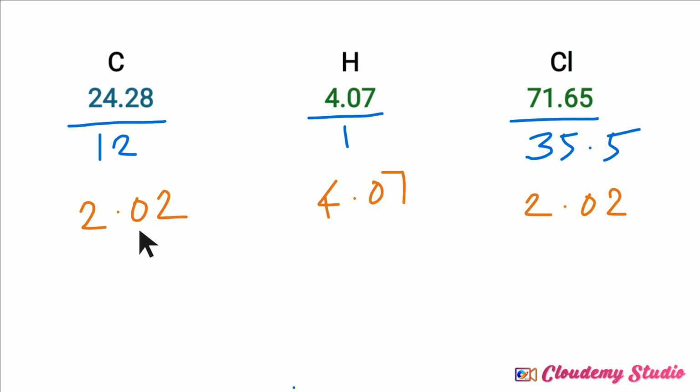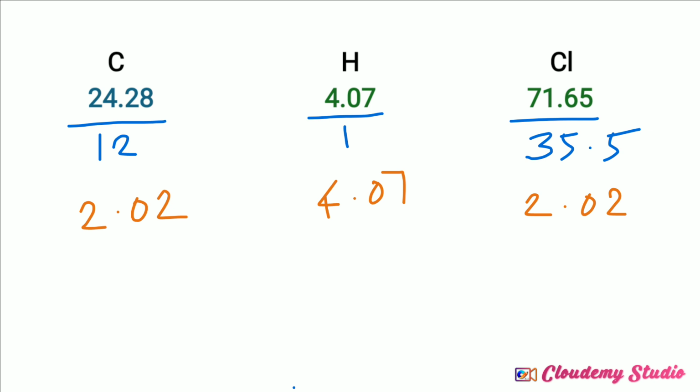Now we have got the number of moles of atoms. When we check the number of moles of atoms, which is the least value? This 2.02 is the least value. So using the least value, we need to divide all the values by the least value.